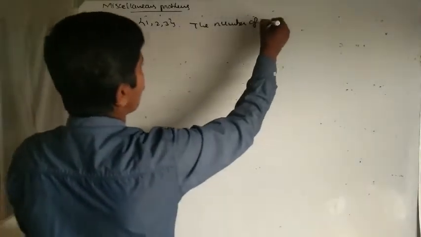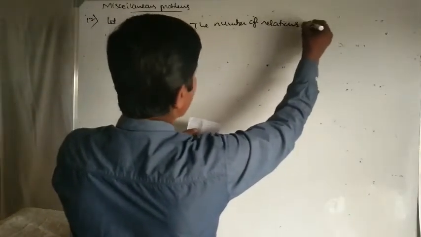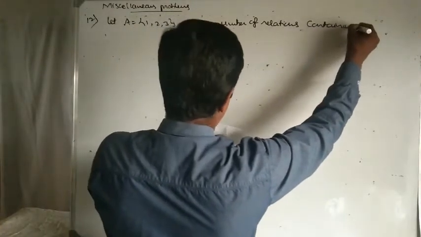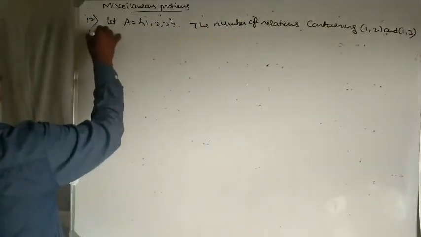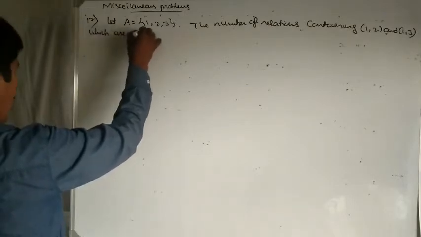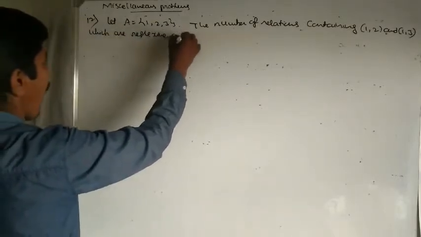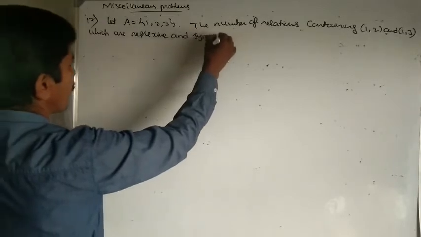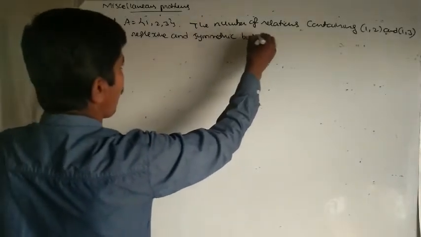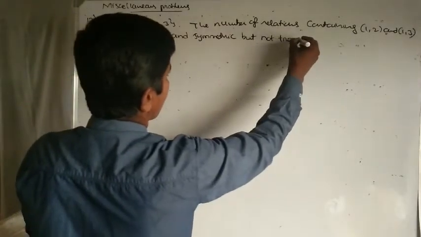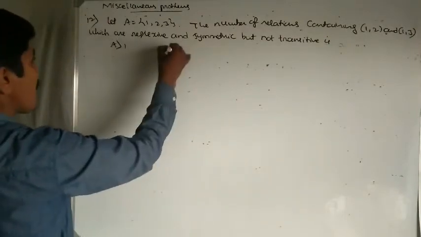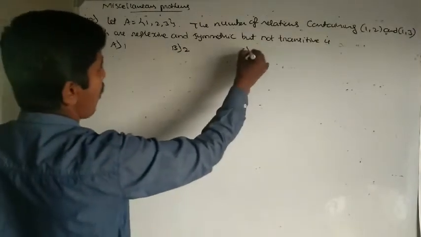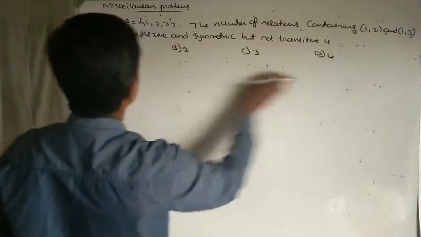The number of relations containing (1, 2) and (1, 3) which are reflexive and symmetric but not transitive is: option A 1, B 2, C 3, D 4.